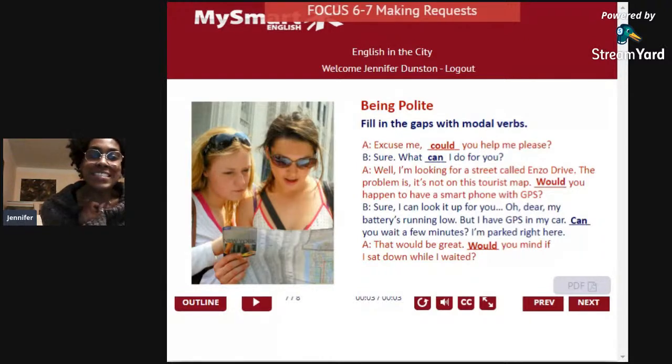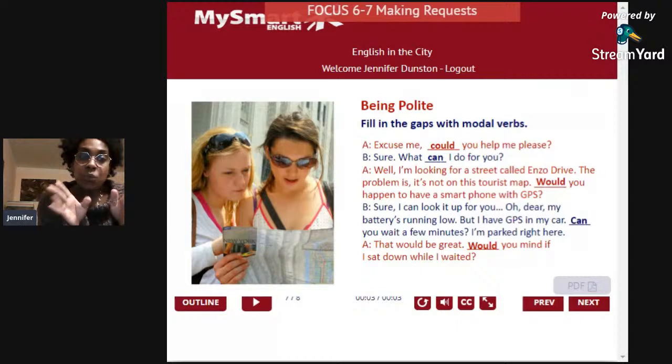Would you mind if I sit down while I wait? It's waited because I sat. That's why. I'm going to check on that to make sure. But that's why I think. Because otherwise, would you mind right now if I sat down while I waited?